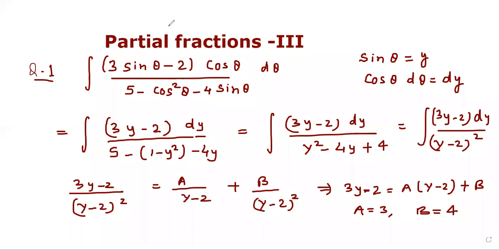So our question, integration (3y minus 2) dy divided by (y minus 2) whole square, will become integration of, in place of a, we can put the value 3, so this will become 3 dy divided by (y minus 2), and in place of b, we can put the value 4, so 4 dy divided by (y minus 2) whole square.